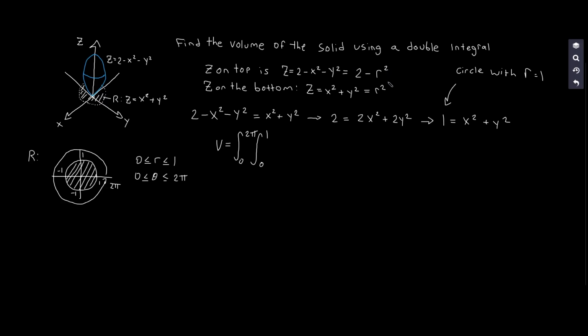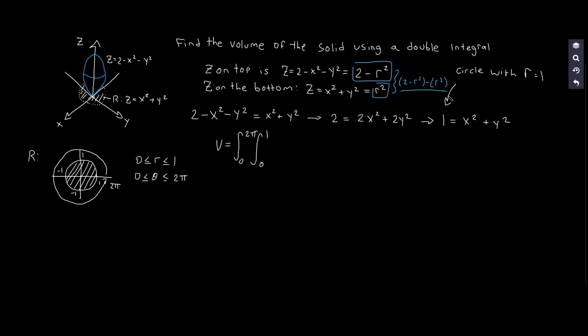what we need to do is subtract what we found on the bottom from the top. So I'm going to take this and subtract it from this. Looking at these two things, on the z-axis we have 2 minus r squared minus r squared.